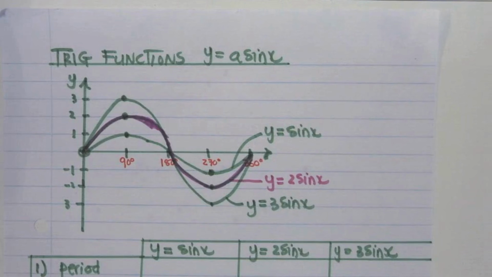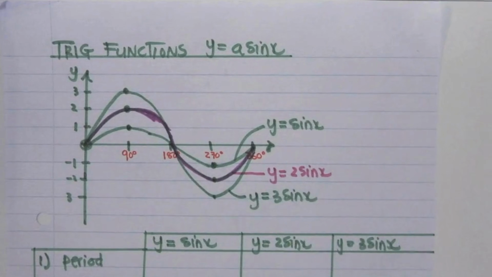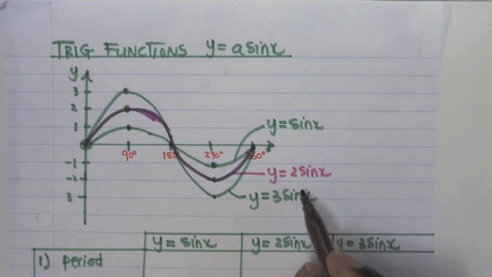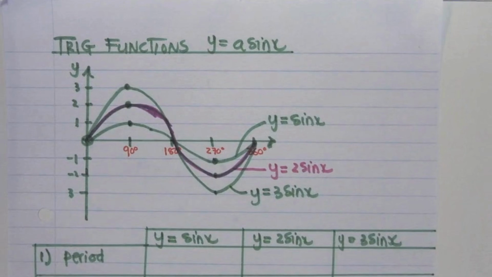Having drawn my 3 graphs on the same set of axes, I now need to complete the table below. Remember, the first graph was y is equal to sine x, and the second graph is y is equal to 2 sine x, and the third graph was y is equal to 3 sine x.